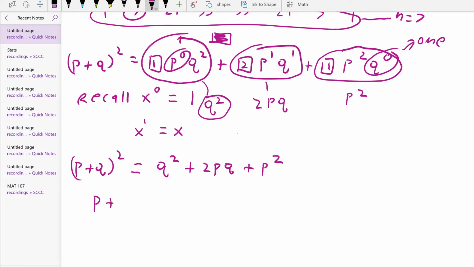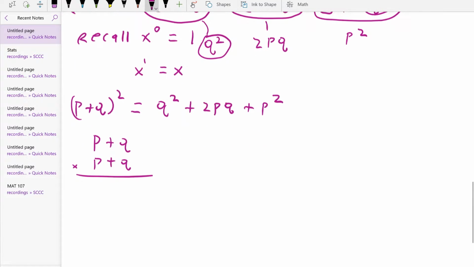Let's go p plus q times p plus q and square this. Now this x represents multiplication, it doesn't represent a variable. And let's actually do this and see what we get. So q times q is q squared.